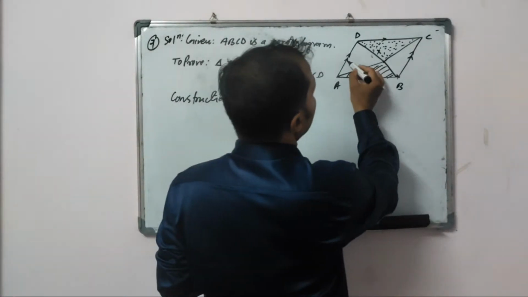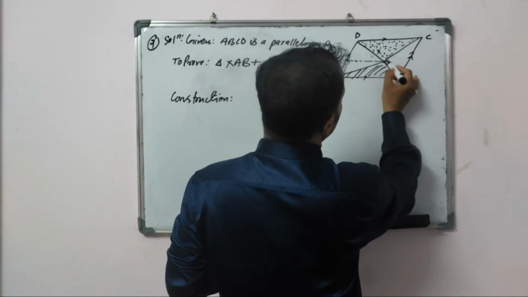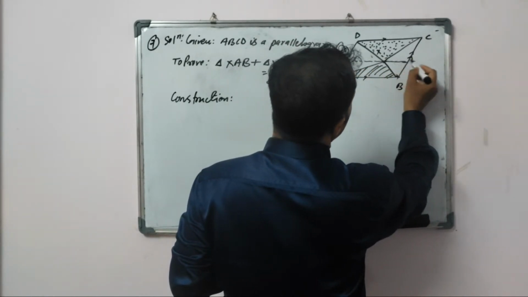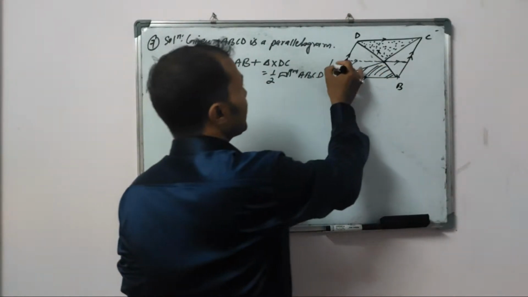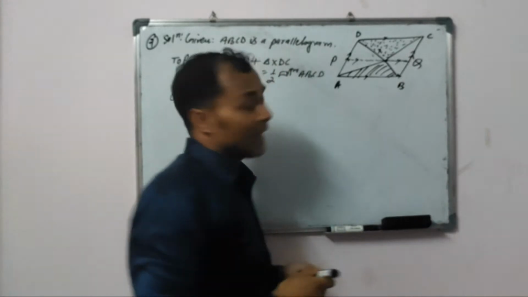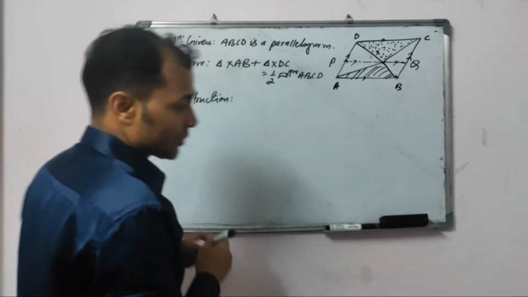Look here. Draw a line like this, parallel. Draw a line, let's say PQ. Draw a line PQ parallel to AB or DC. That is the construction.